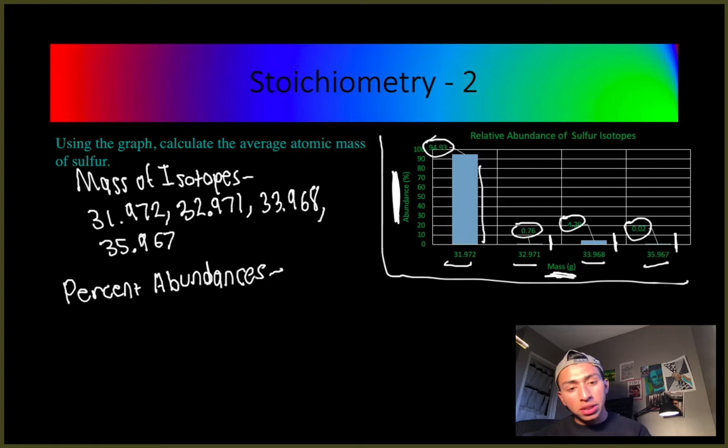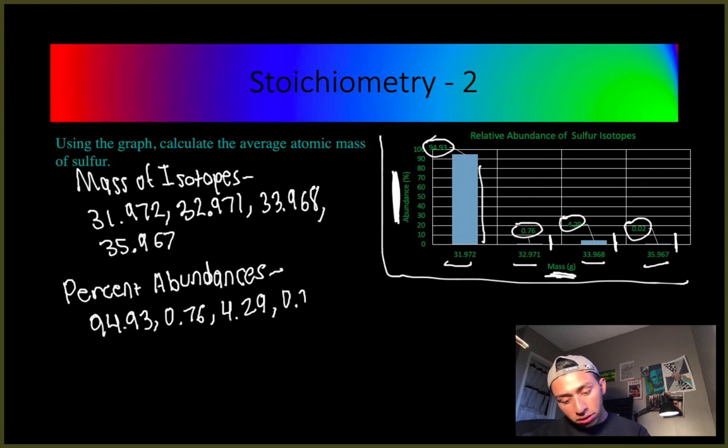They are in order, so the order I am going to put these percent abundances in corresponds with the order of the isotopic masses. So the percent abundances are 94.93, 0.76, 4.29, and 0.02.